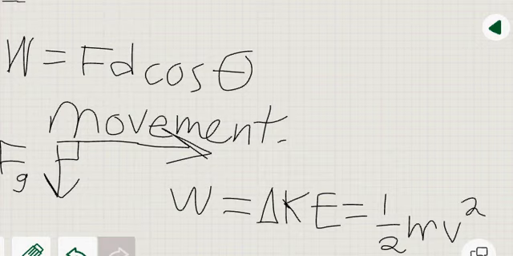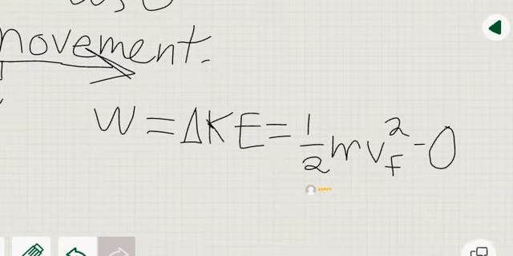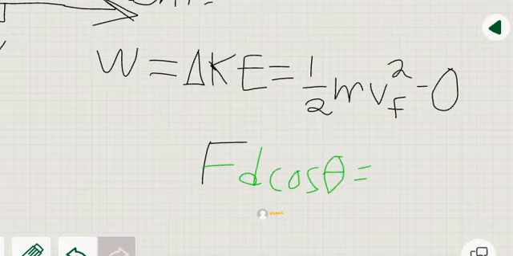That indicates that the initial, minus 1/2 mv squared initial, and initial is 0, and so that's that. And so you set the two equal to each other, like so. 1/2 mv squared equals the FD cosine theta from before.